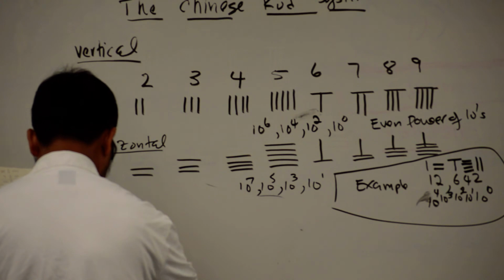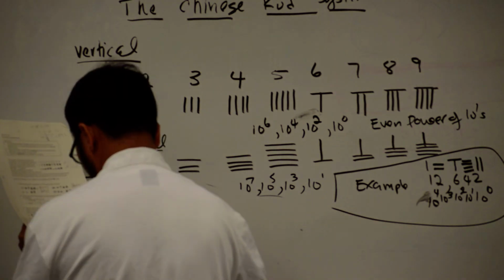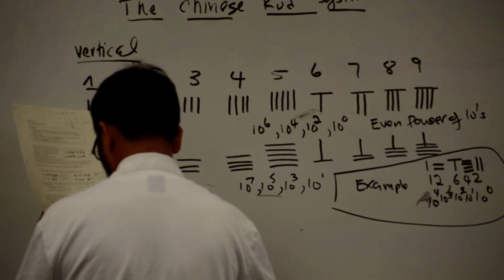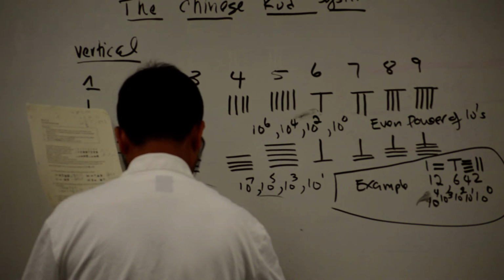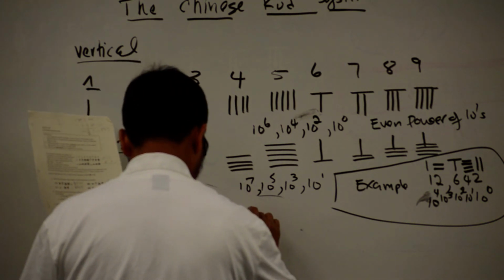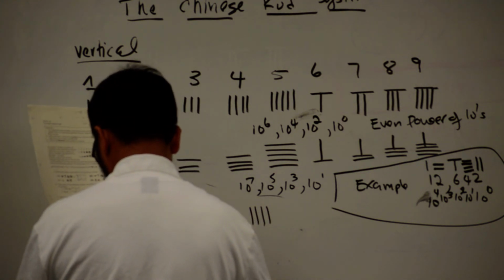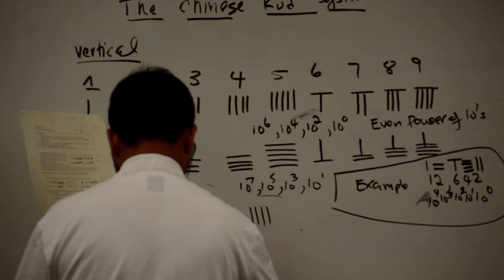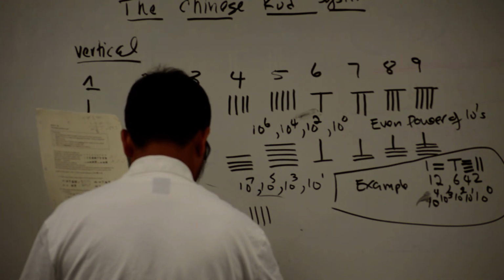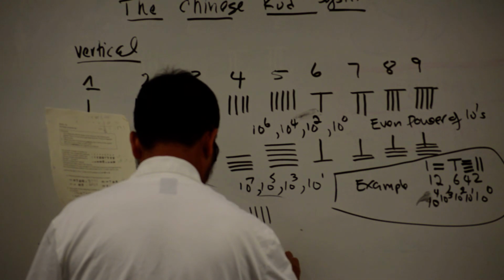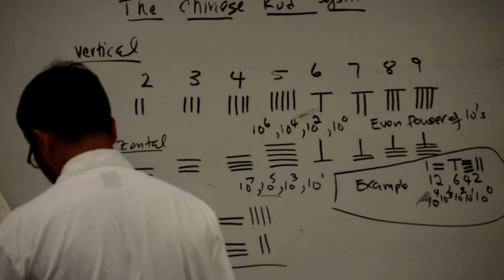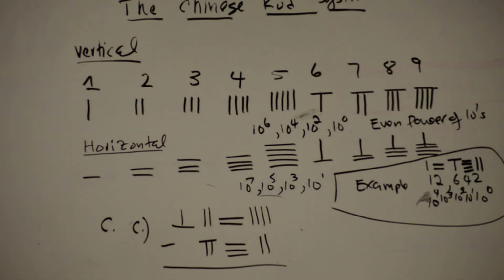We have 6, 2, 2, and we subtract from it 1, 2, 3, 1, 2. Again, I don't want to convert it yet. I just use the Chinese rod symbols to subtract in this case.